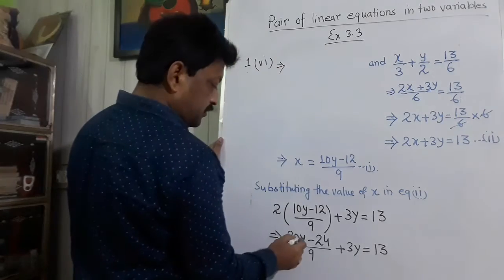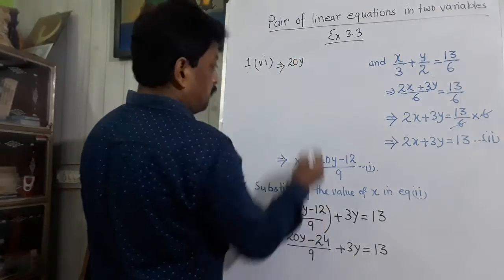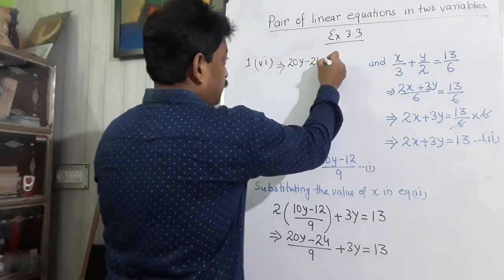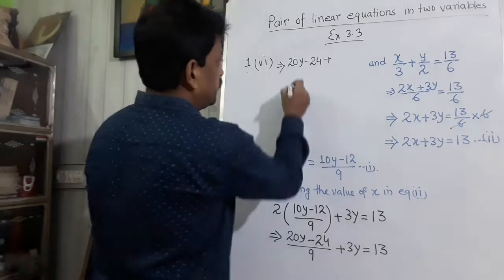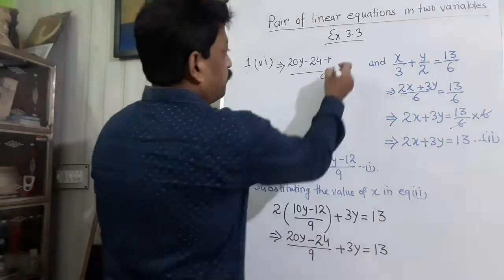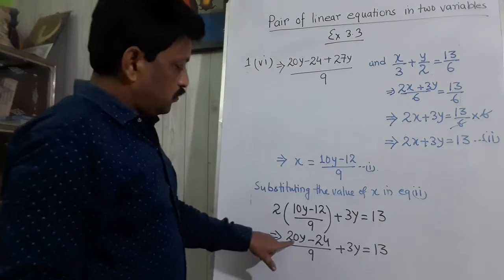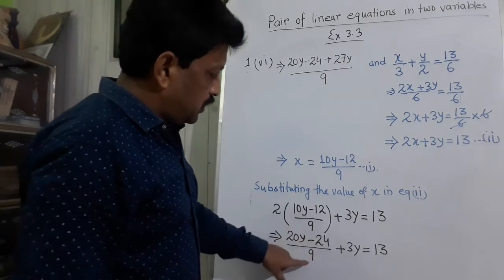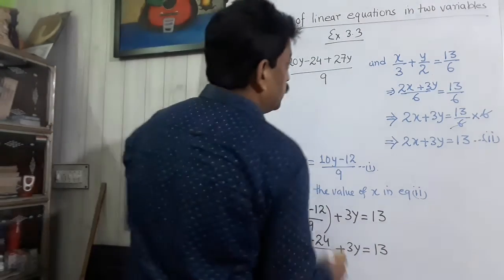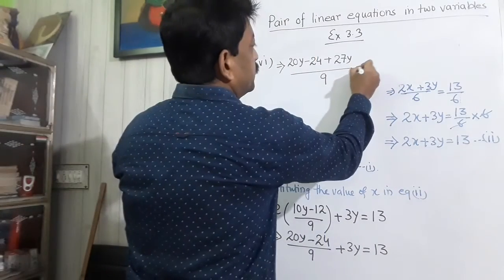Or we can write 20y minus 24 plus, this is the LCM, 9 is the LCM, plus 27y. 20y minus 24 plus 9 3s are 27y equals 13.